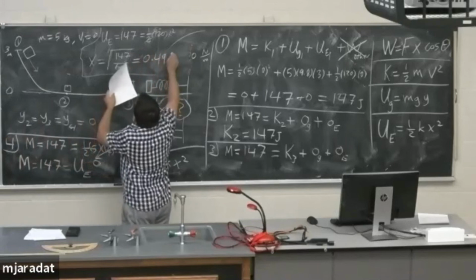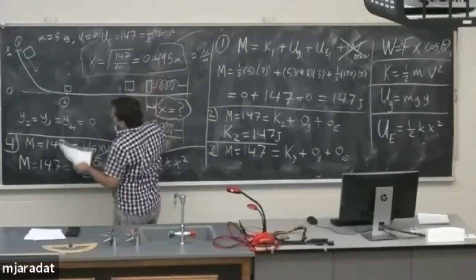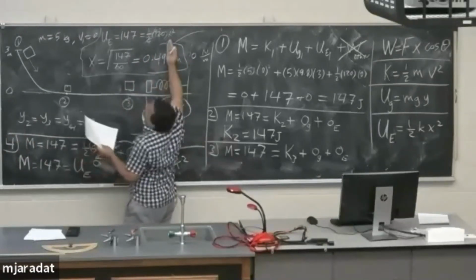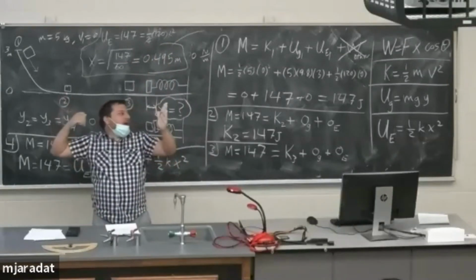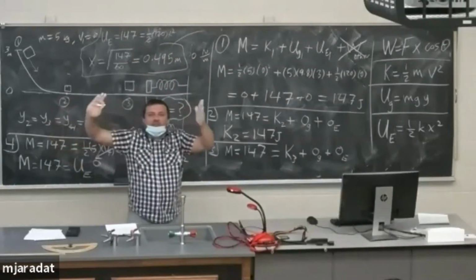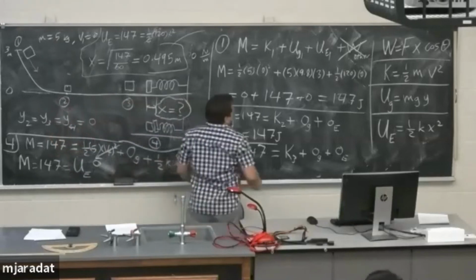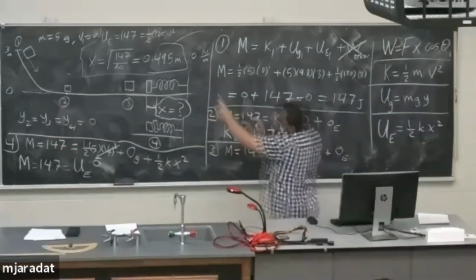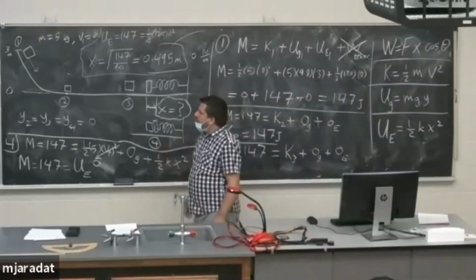0.495, I think, meters. It is 49 centimeters, just like this. The spring will be pushed like this. Maybe it is a long spring, and it will be pushed by 50, half a meter.